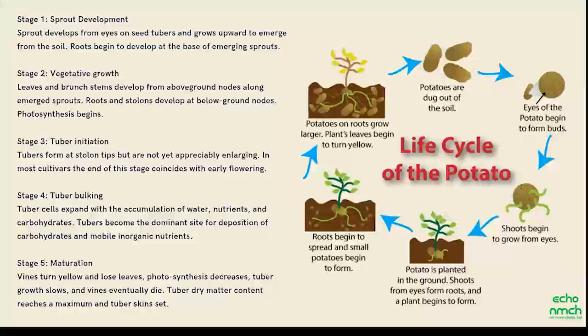To explain it further in the form of a life cycle, as you can see on your right side is basically how the potato is dug out of soil. It has buds which again begin to shoot, and then after that it is again planted and it forms roots, and again it begins to spread and form small potatoes.